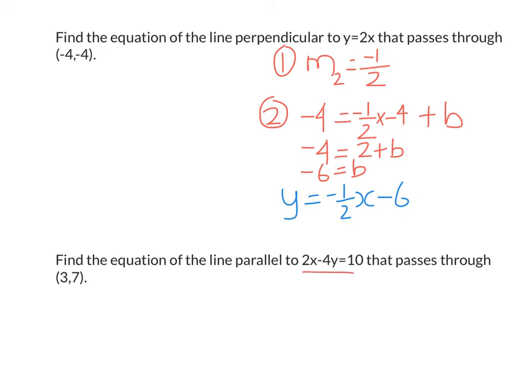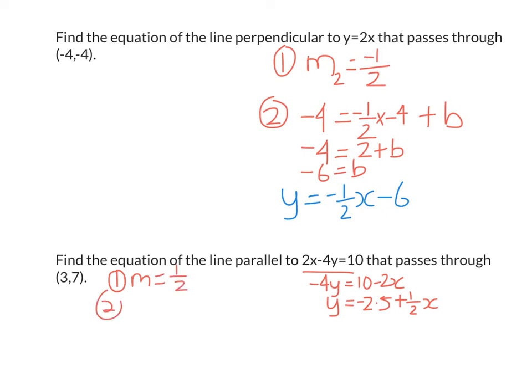I'm going to subtract 2x from both sides and then divide each side by -4. So I get minus 2.5. Now minus 2x divided by -4 is positive a half x. So this line has gradient positive a half. So any line parallel will also have gradient equal to positive a half. That's the first step done.